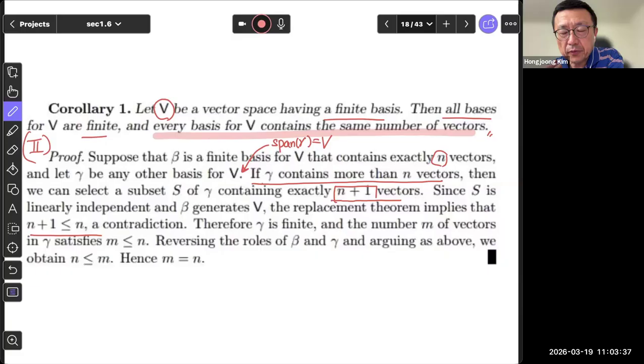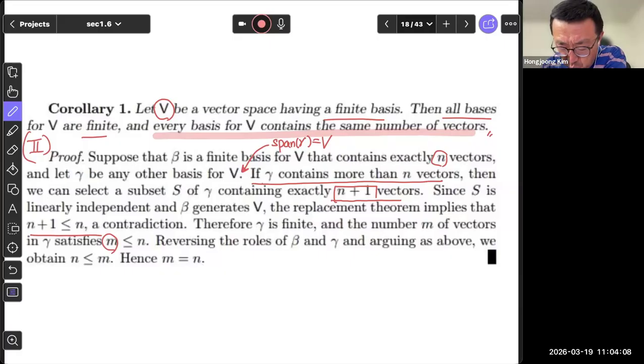I'm sorry, this S is linearly independent and beta generates V. So n plus 1 must be less than or equal to n, which is a contradiction. So if gamma contains m elements, then m cannot be less than n.